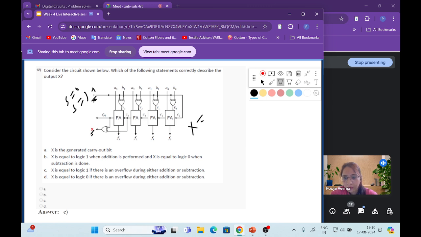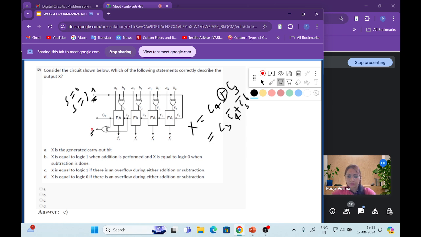It is an XOR of C4 and C3, right? From here we can see that we can write it as C3 C4 dash plus C3 dash C4.